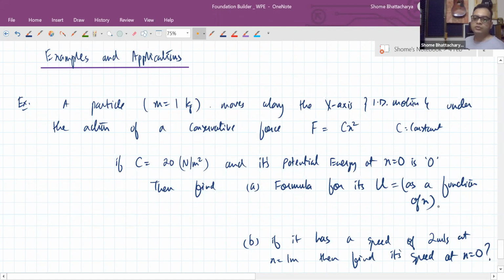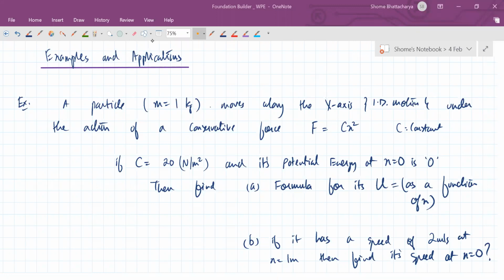Then what will be the speed of the particle when it comes to the point x equal to 0? Okay, so let's start with this question. Just try this out.